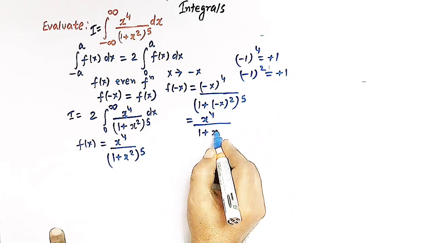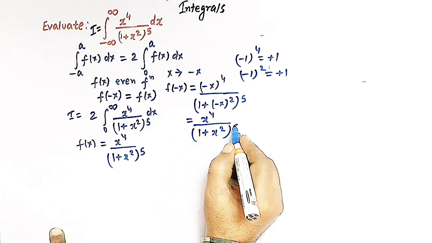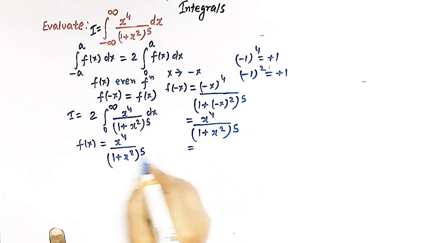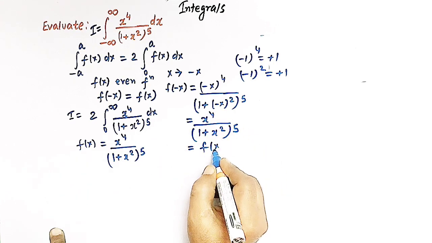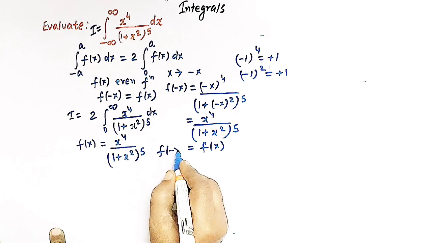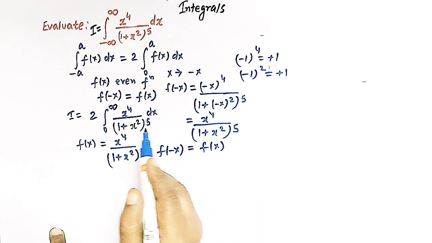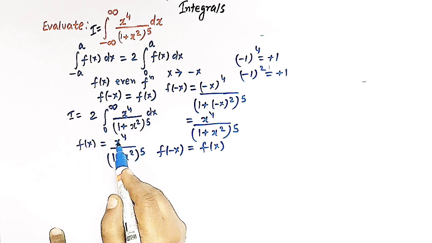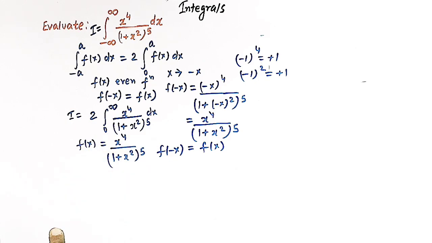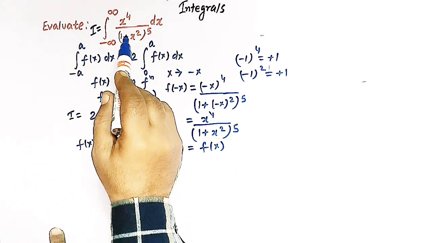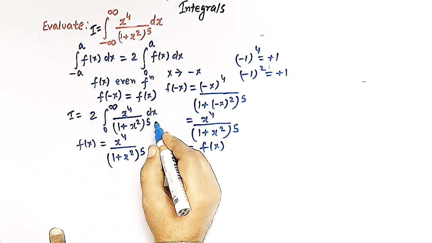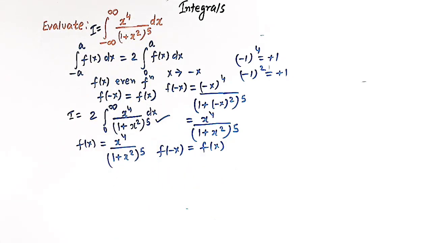So we have 1 plus x square raised to 5, and this is our function f of x. So f of minus x is equal to f of x, which suggests that the integrand is an even function. So the first step is to write this integral in this form.